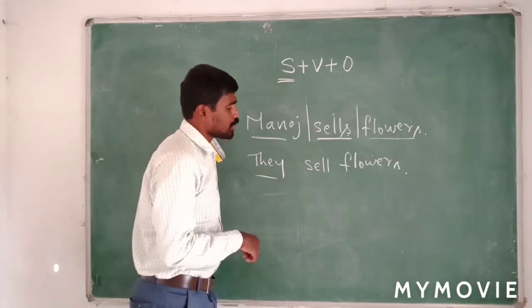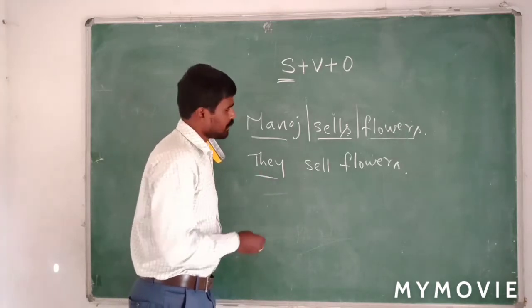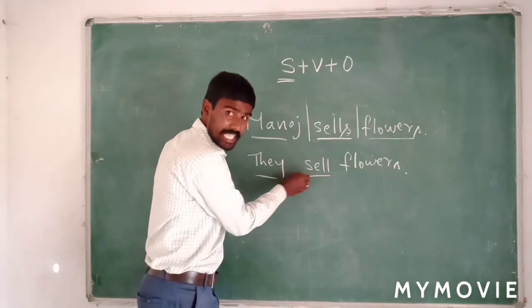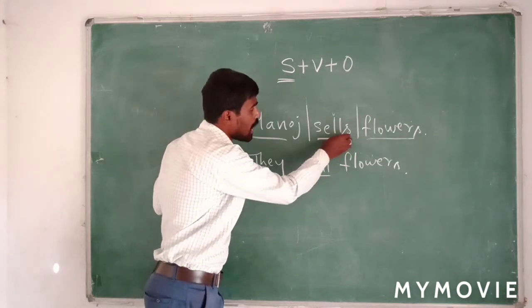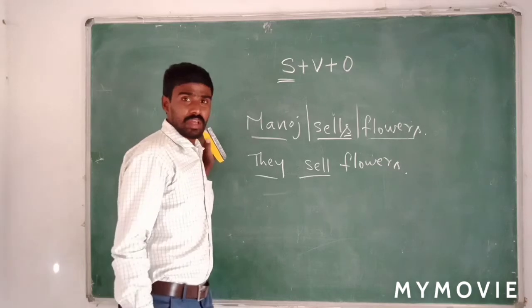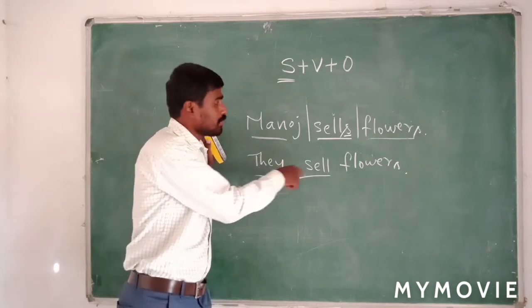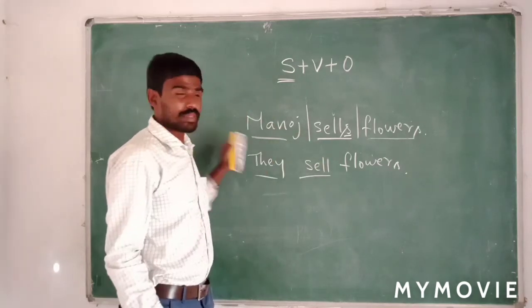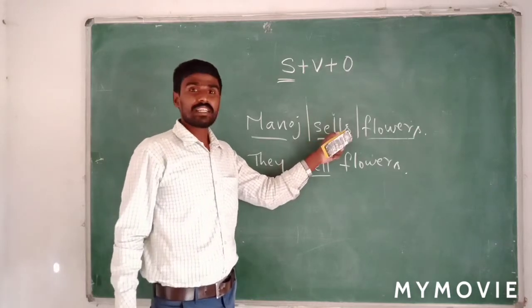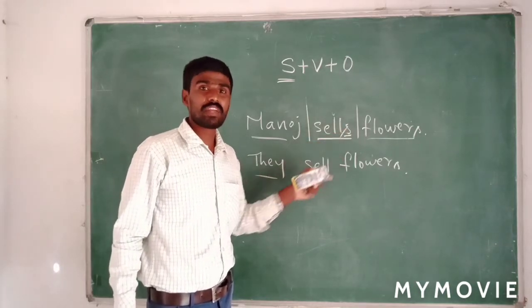But here you may observe one basic difference. Here we have only sell, but here we have sells. There is a difference between these two sentences: here we have the s form, here we have the base form.